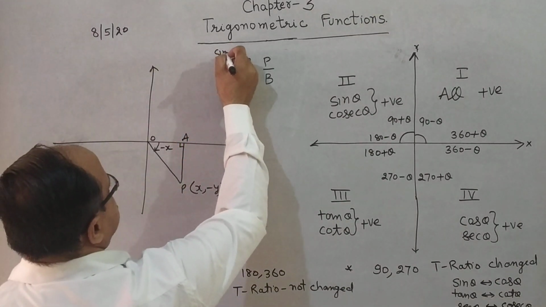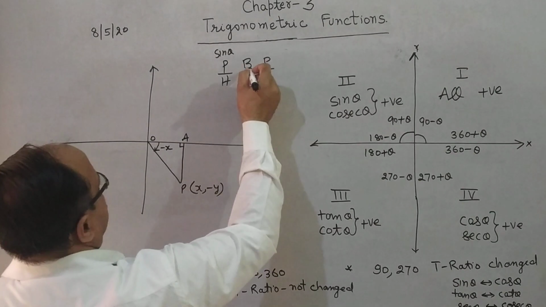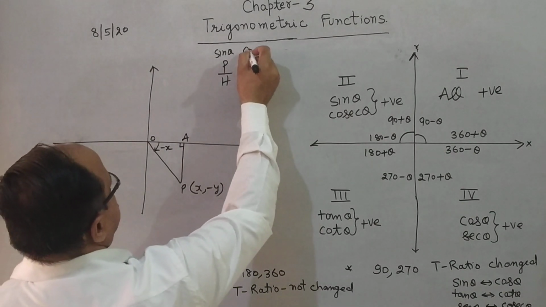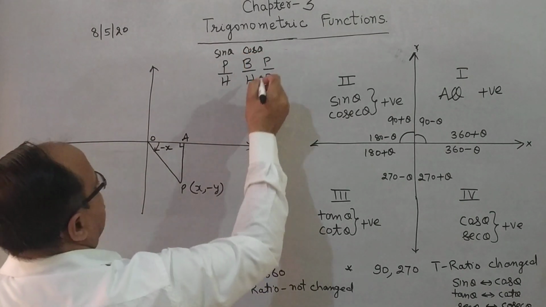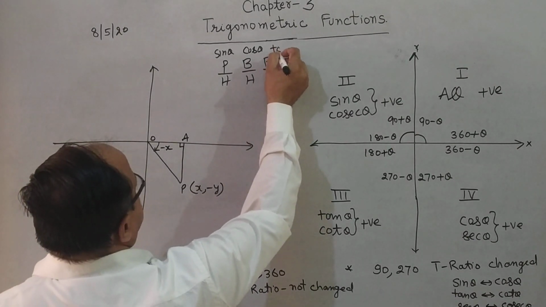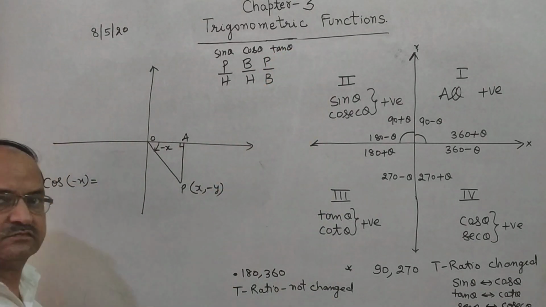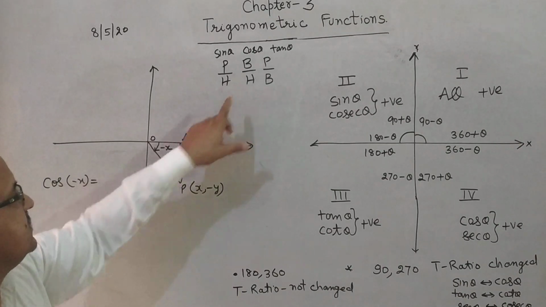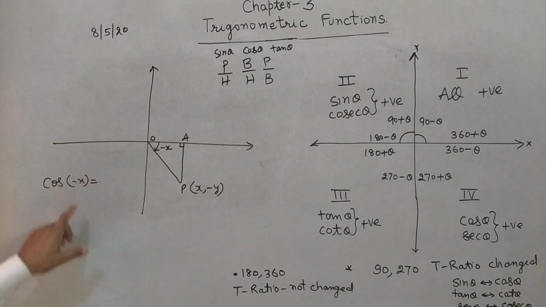Perpendicular upon hypotenuse, sin theta. Base upon hypotenuse, cos theta. And perpendicular upon base, tan theta. So according to this result, can you tell me cos x?